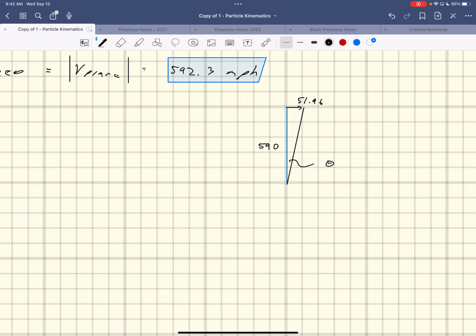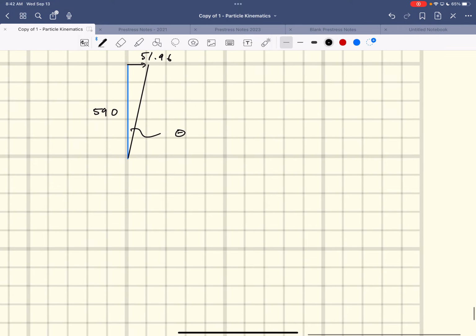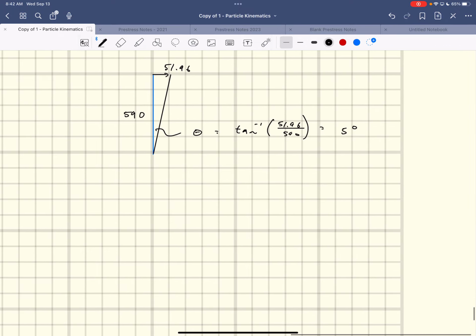This is the theta that we're after. That's the course, and that's going to be equal to the inverse tangent of 51.96 over 590. And so it's 5 degrees. Just to finish that off.